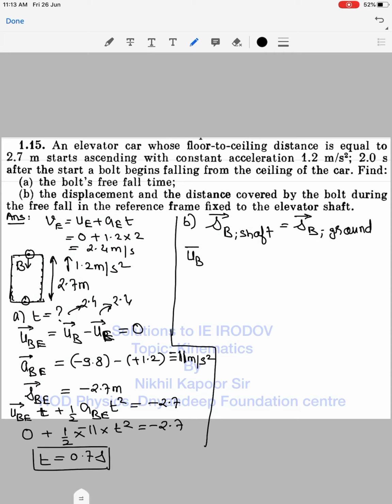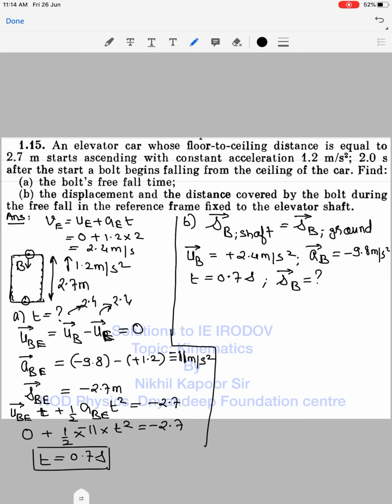So we know the initial velocity of bolt with respect to ground is 2.4 meter per second in upward direction. The acceleration of bolt with respect to ground, or the object which is at rest, is minus 9.8 meter per second square, and the time will remain same. It takes 0.7 second to complete its motion.